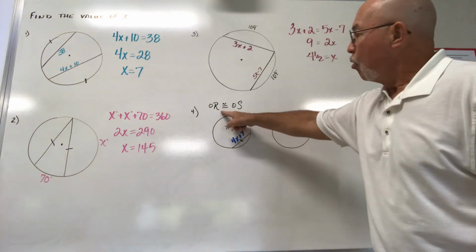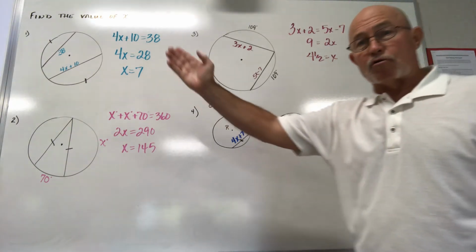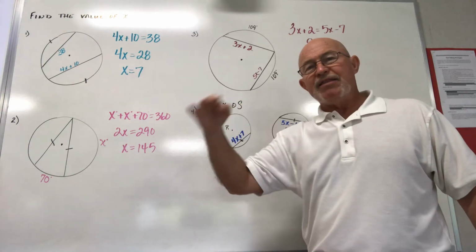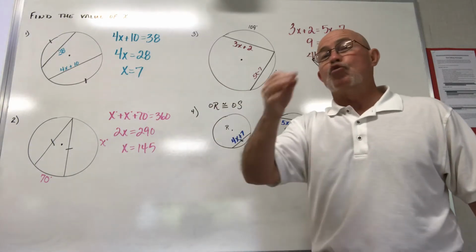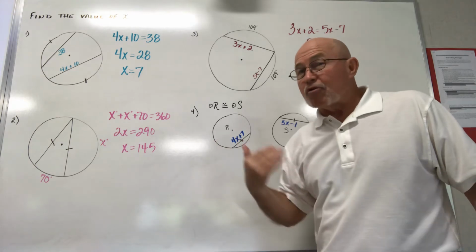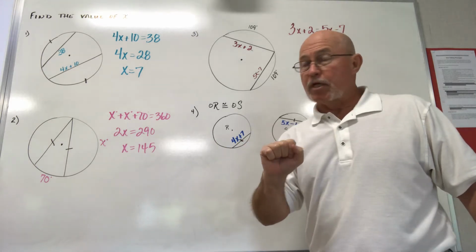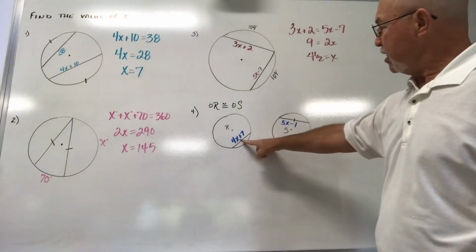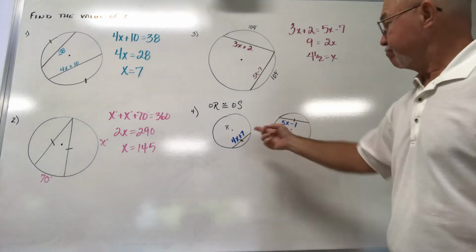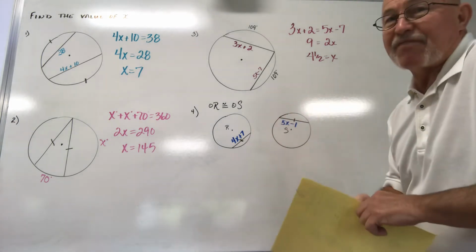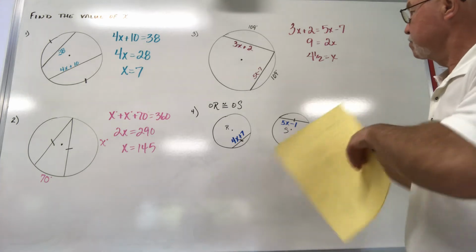Now, once I'm told I have congruent circles, remember each of those theorems had in the same or in congruent circles. So if circles are congruent, they're identical. So that tells me that these chords are, because they're equal, their lengths have to be equal.